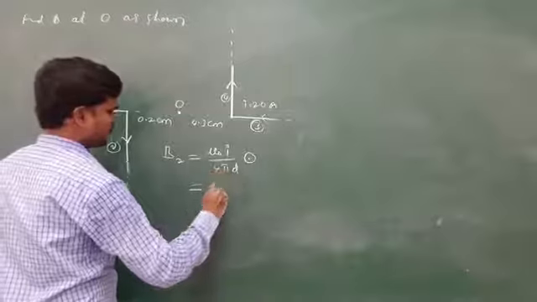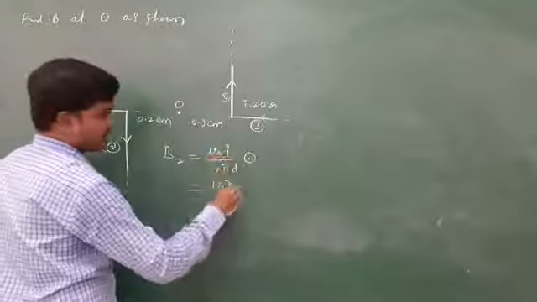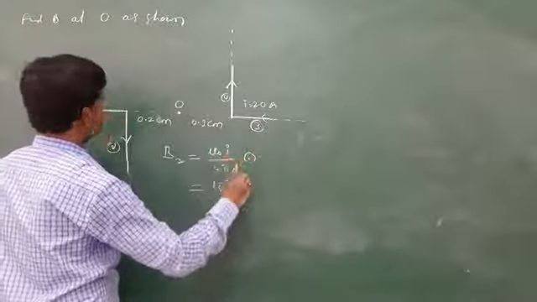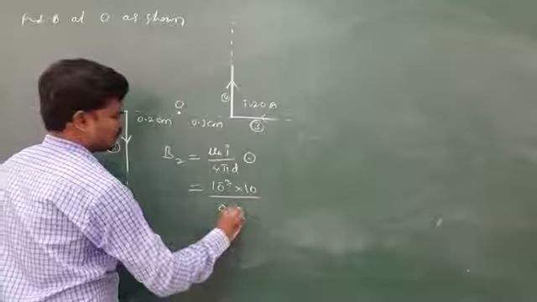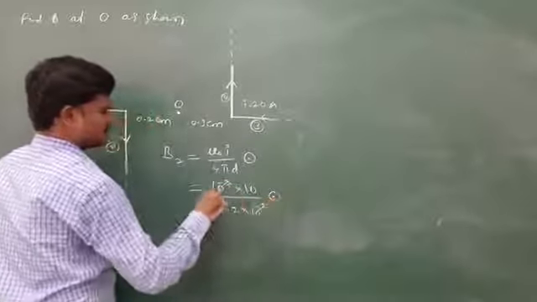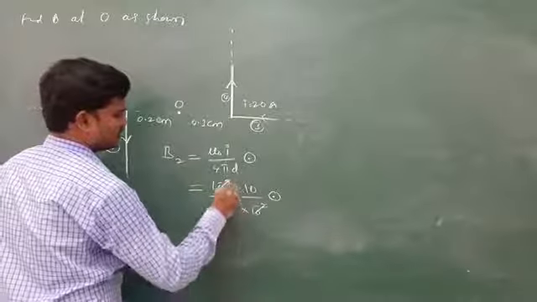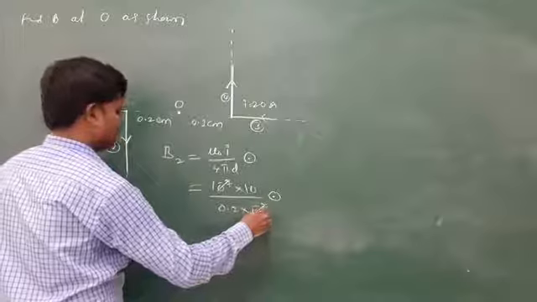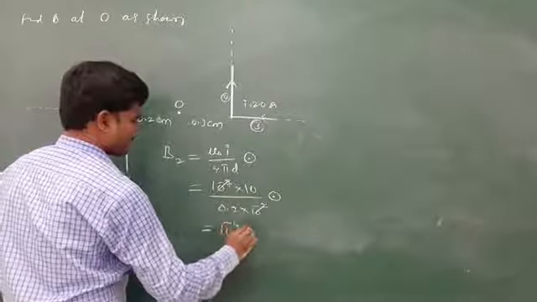Mu naught is 10 raised to minus 7 because 4 pi cancels. I is 10, divided by d, 0.2 centimeter. So this is 10 raised to minus 5, and this is minus 3, so minus 3 minus 4, giving 5.